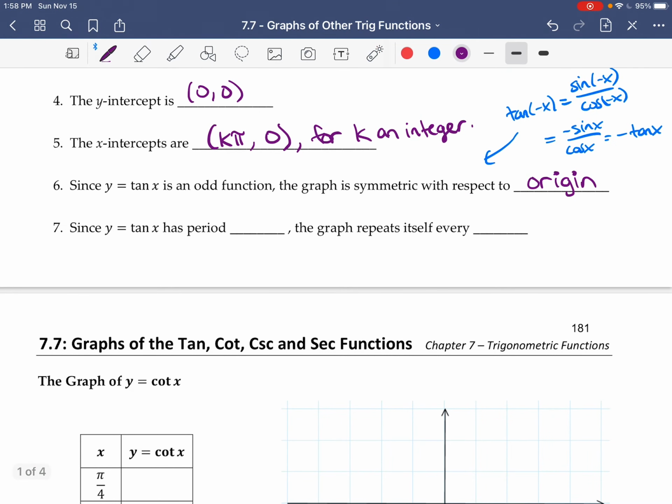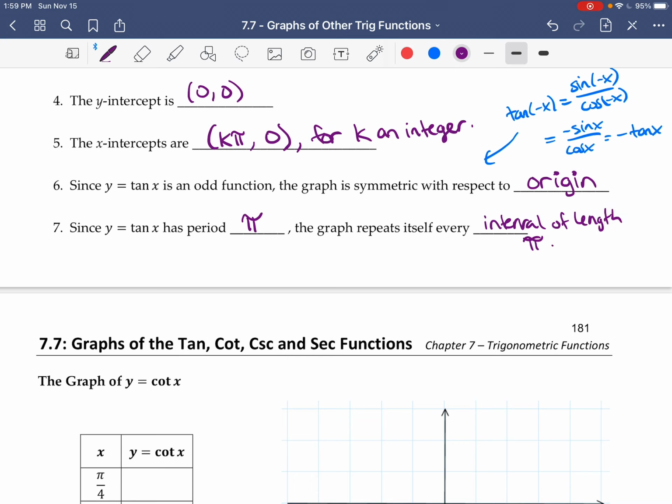And like I mentioned up above, tan has period pi instead of 2 pi. So the graph repeats itself every interval of length pi.